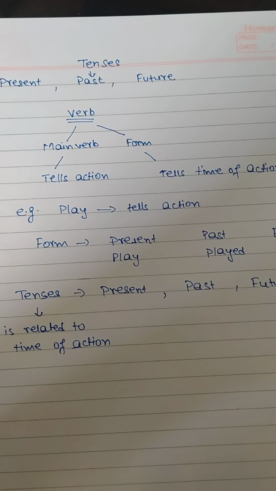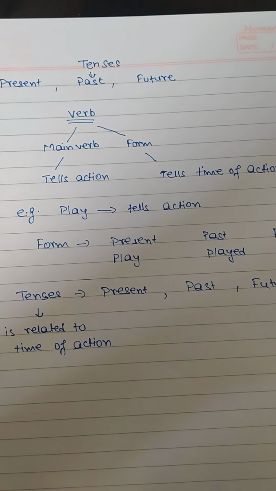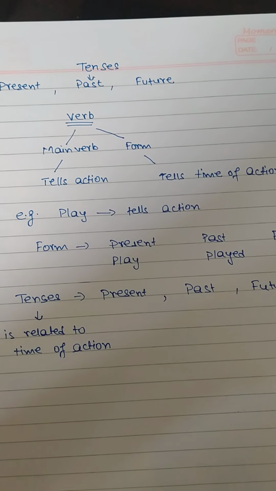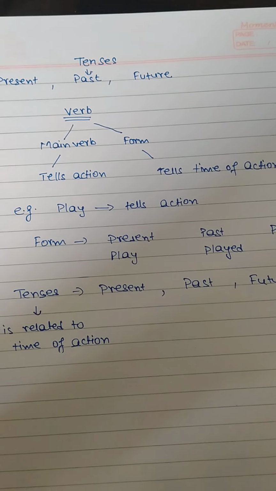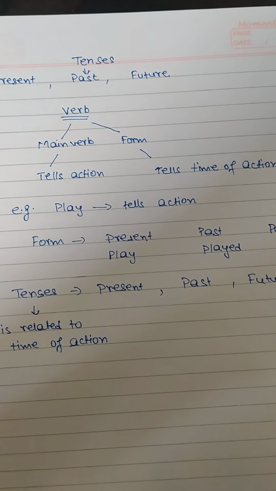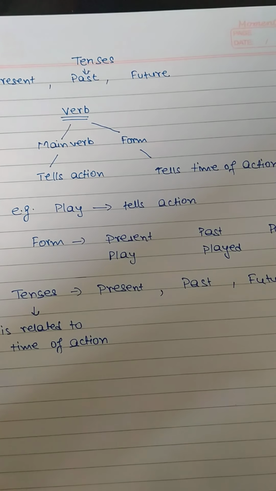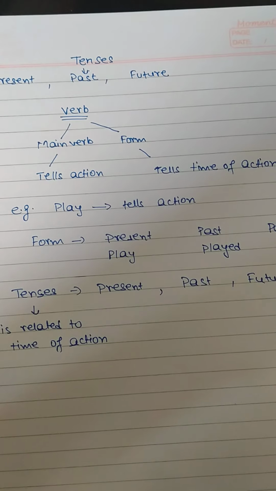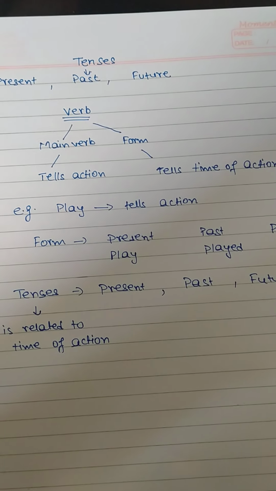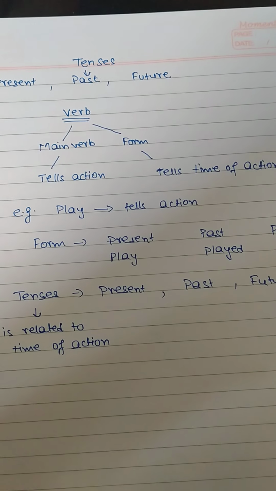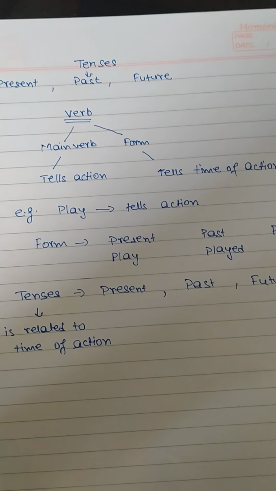First of all, you have to understand what is the meaning of tenses. Tenses means the time of action, right? Whenever we talk of some tense, we are talking about whether the action has taken place in the present or past or future.